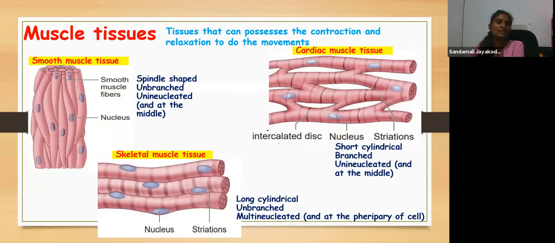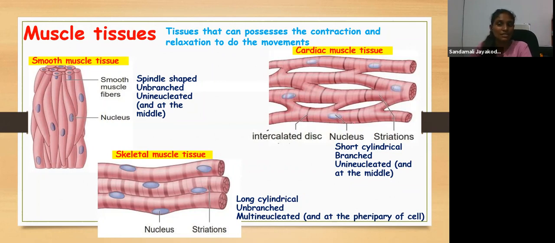Sometimes this smooth muscle tissue, in a particular place, moves slowly. And as an example, this skeletal muscle tissue has a fast movement ability because it is in our legs and our face and also in our hands too. This cardiac muscle tissue has a unique moving pattern.